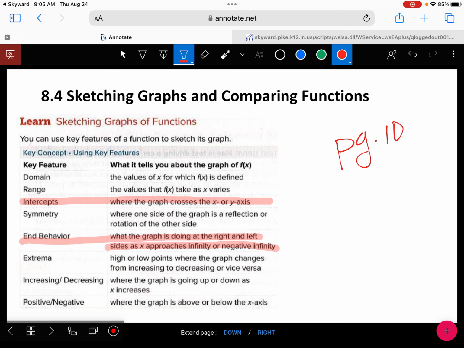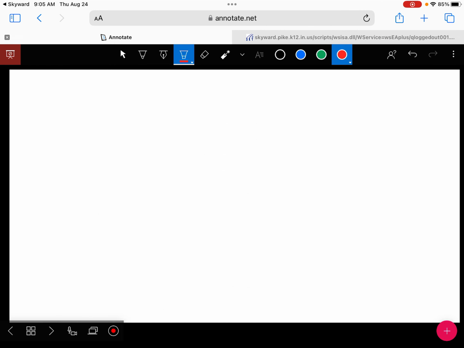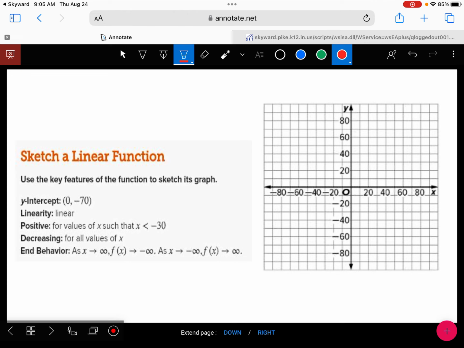All right, so let's go ahead and look at this first one. It says sketch a linear function. So because it tells us that it's linear, I know that it's going to be a straight line. It's kind of like playing the game of Clue. We have to use these clues to figure out what the graph is going to look like.